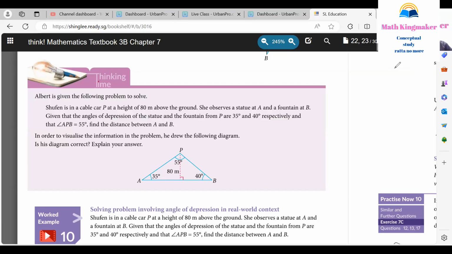If they're talking about the angle of depression, it is always calculated from this. This angle will be 35 and this angle would be 40. Angle of depression from P, respectively. Now angle APB is 55.